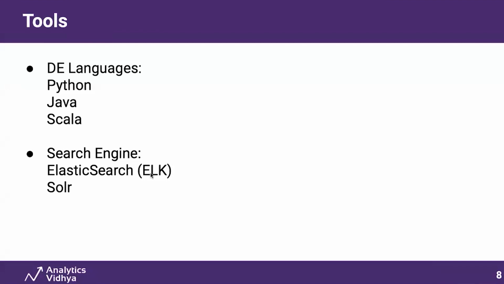Logstash gives you the ability to ingest data, and when I say data, primarily logs. So logs are primarily ingested using Logstash. Next goes Kibana. Kibana is the reporting. You can think of it like Power BI and other reporting tools.